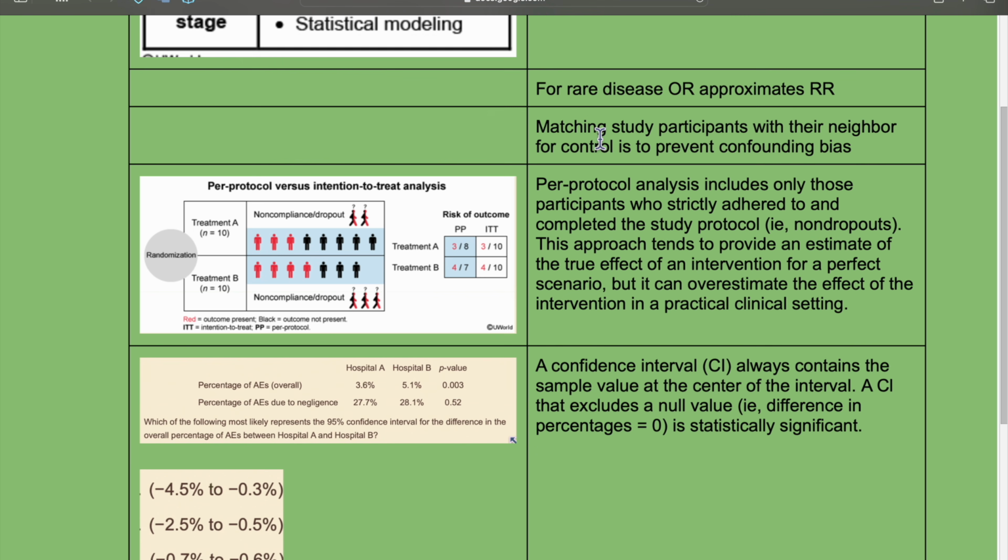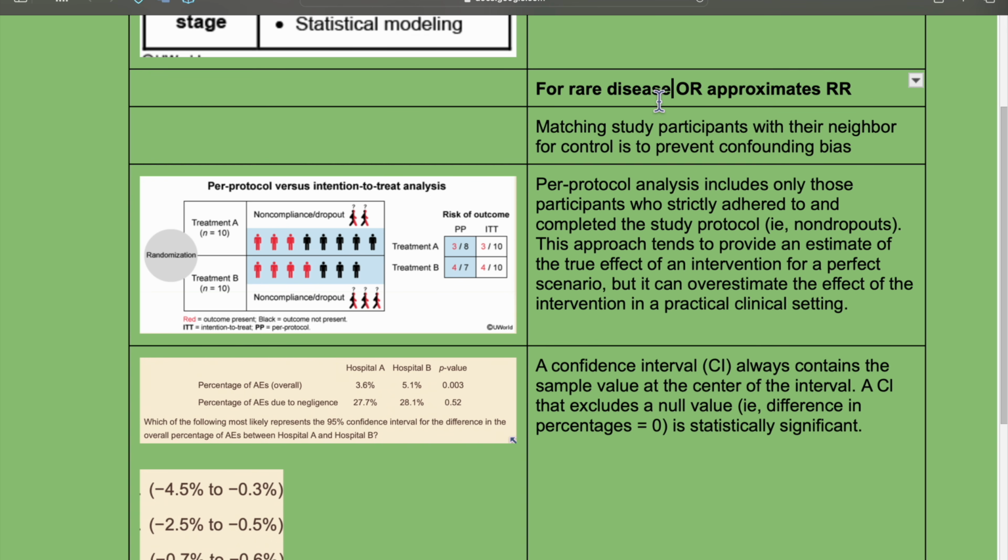Okay. For rare disease, okay, this is important. For rare diseases, the odds ratio approximates the relative risk ratio. So if scientists did a study and they found the OR, and they say that this can be used to approximate the relative risk ratio, why is that?